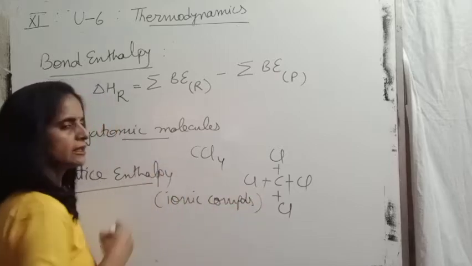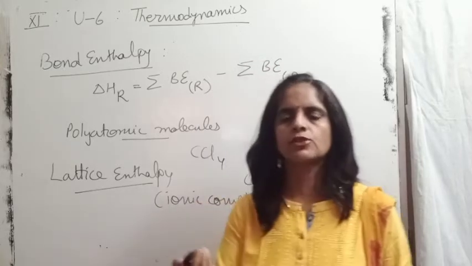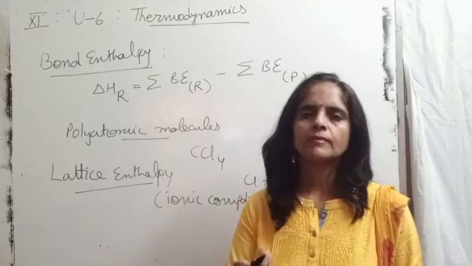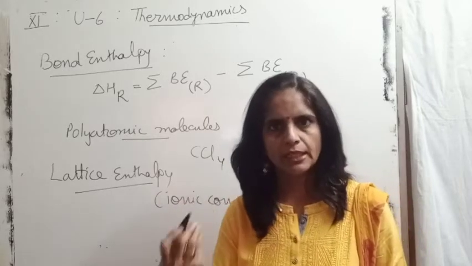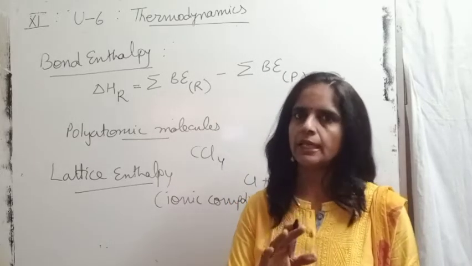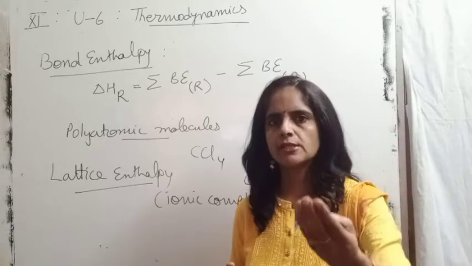So, the definition of lattice enthalpy is the amount of energy released during the formation of bonds in 1 mole of an ionic compound. If we are using the term formation, then use released.